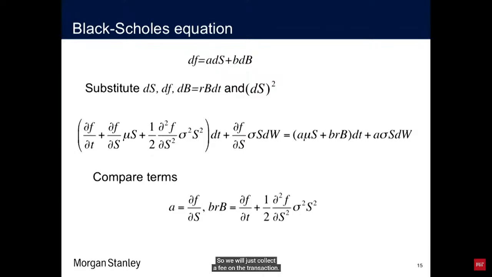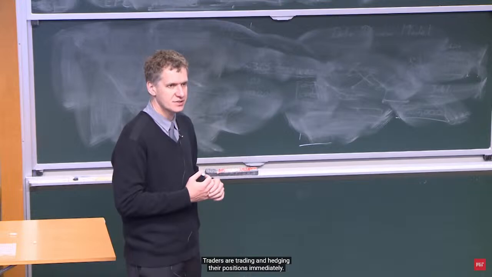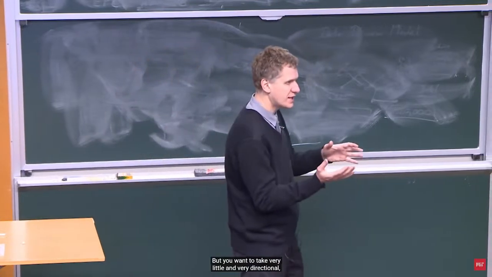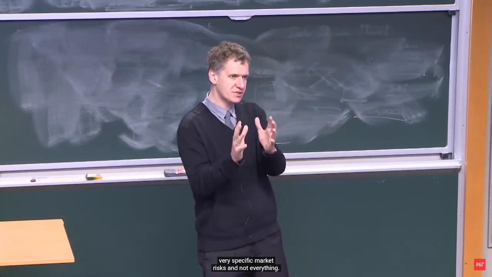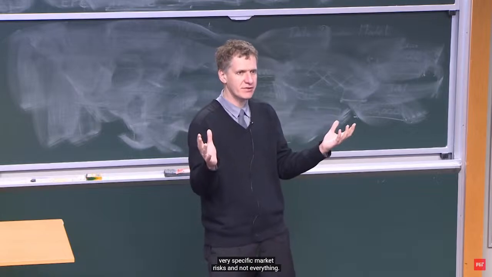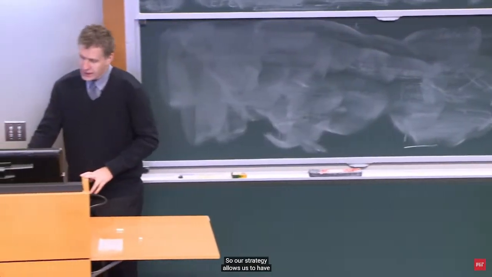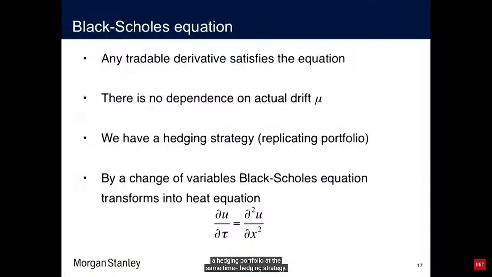So we will just collect the fee on the transaction. That's actually how the business is working. Traders are trading and hedging their positions immediately. I mean, they do take some market risks, but you want to take very little and very specific market risk, and not everything. So our strategy allows us to have a hedging portfolio, a hedging strategy.